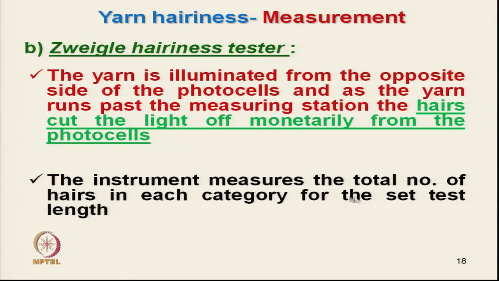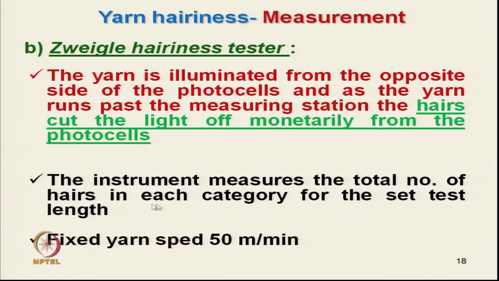The instrument measures the total number of hairs in each category for the set of tests, and typically a fixed speed of 50 meters per minute is kept, that is important. As I have already discussed, if we increase or decrease the speed, then it is not comparable.